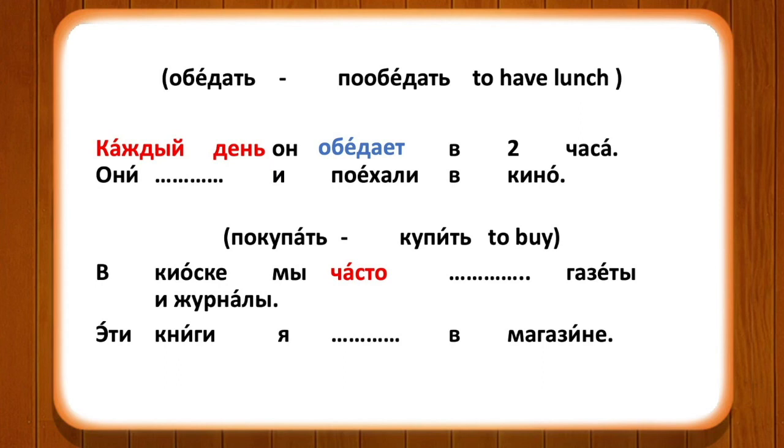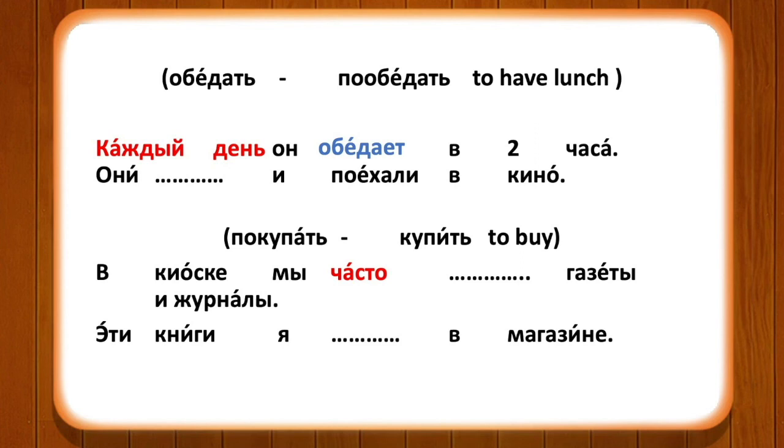In the next sentence, они dash и поехали в кино. Here the meaning is that they had lunch and they went to the cinema hall. So here the meaning is of consecutive action, which is denoted by the use of the perfective aspect verb, which will be poobedat'.